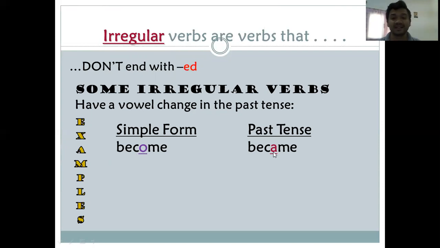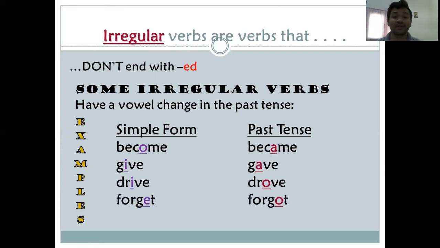It added A. So we have give, gave, drive, drove, forget, forgot. So as you can see, you couldn't add ed, but instead we have to change the vowel in the simple past tense. So in the simple past, we have our A, O, and O.